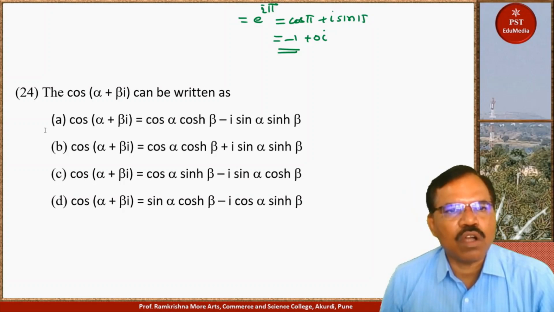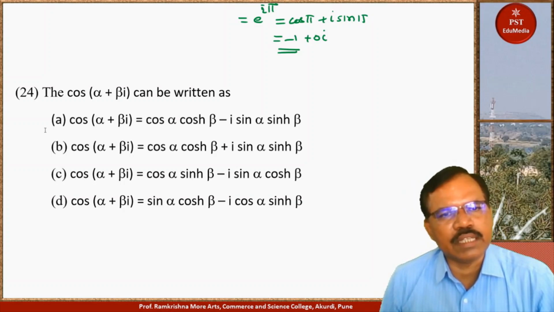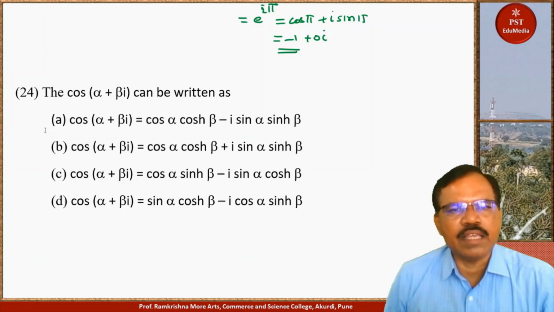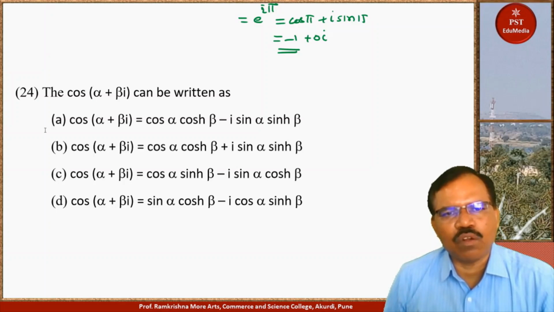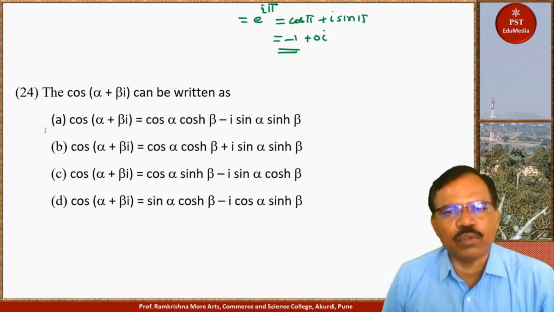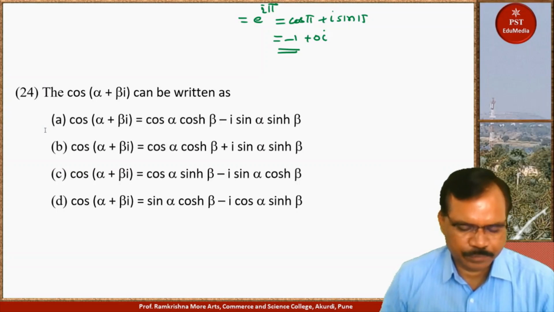Next one is cos alpha sin hyperbolic beta minus i sin alpha cos hyperbolic beta. And next one is sin alpha cos hyperbolic beta minus i cos alpha sin hyperbolic beta. So which one is correct?